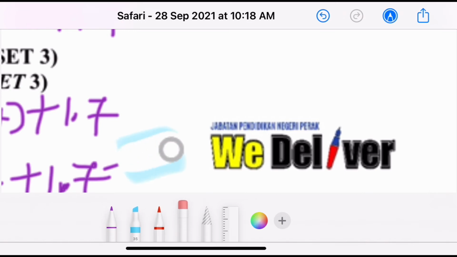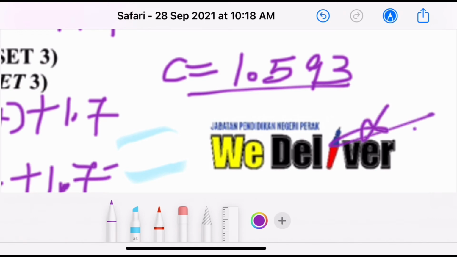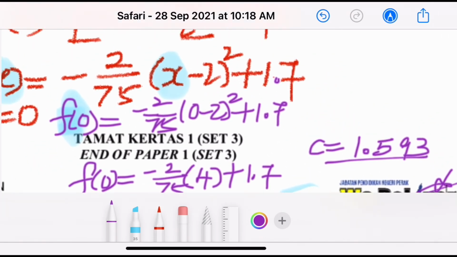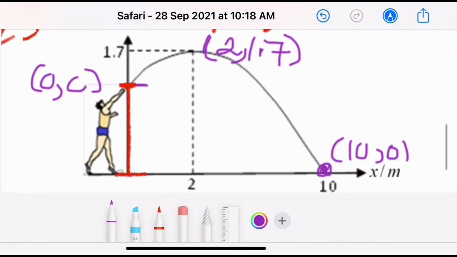So let's write down the answer: c is 1.593. Alright? We deliver the working and the answer to you. So c is 1.593.